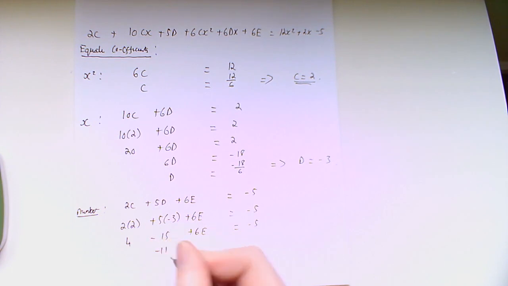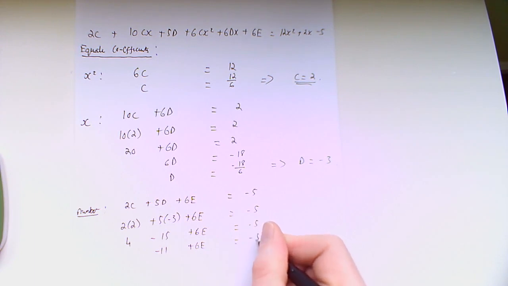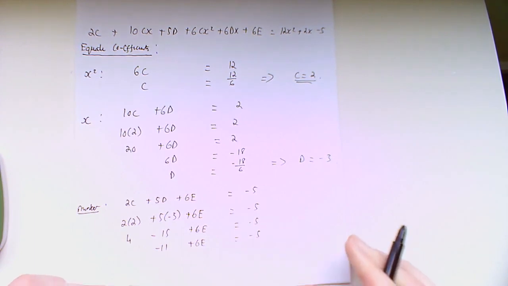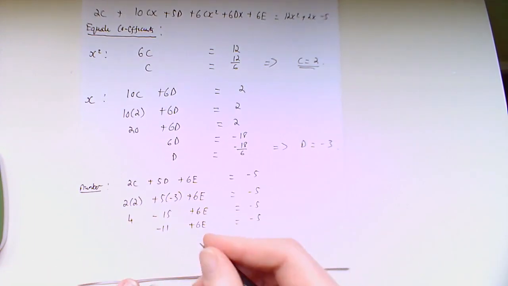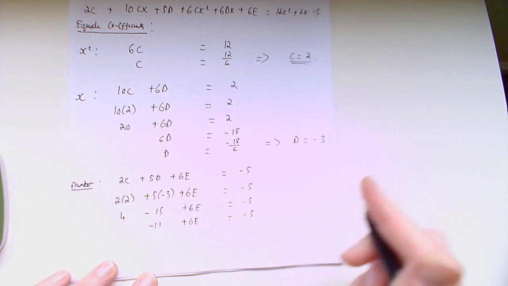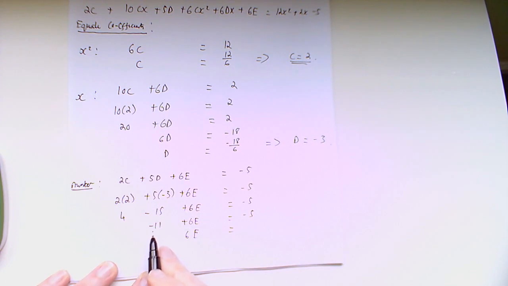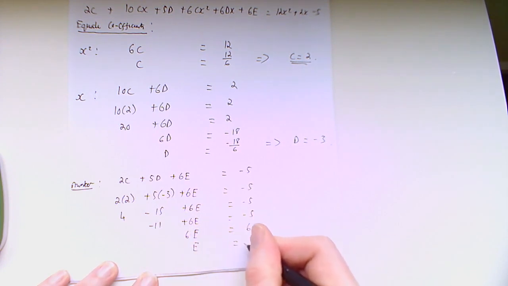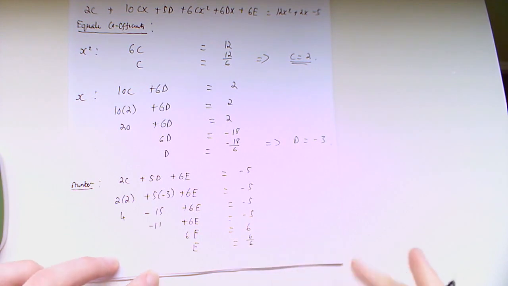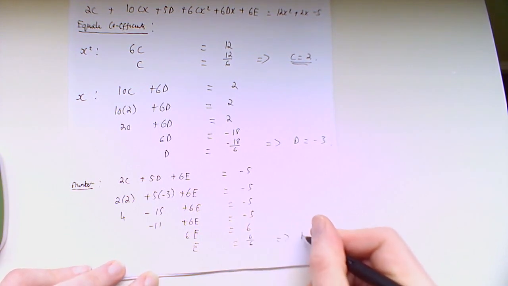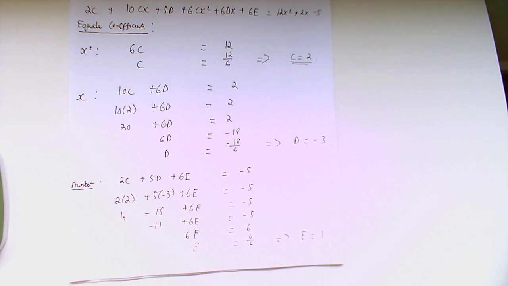So negative 11 plus 6e is equal to negative 5. Again, I'm going to move my negative 11 over, so it becomes an add. So 6e is equal to negative 5 add 11, which is going to be 6. So e is just 6 over 6. So nicely, e is just 1.